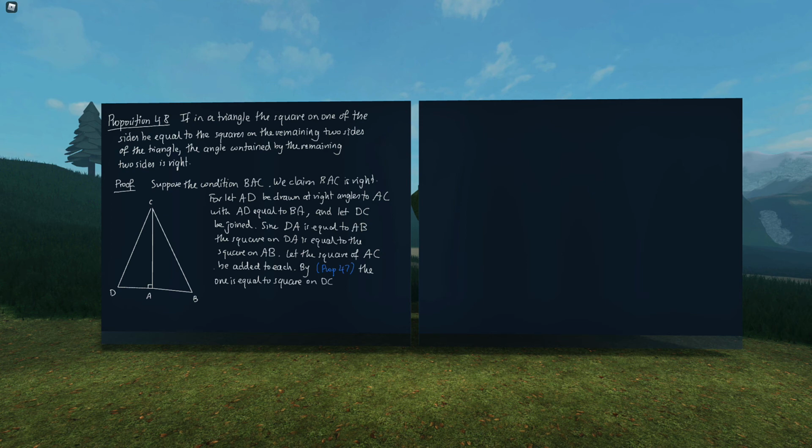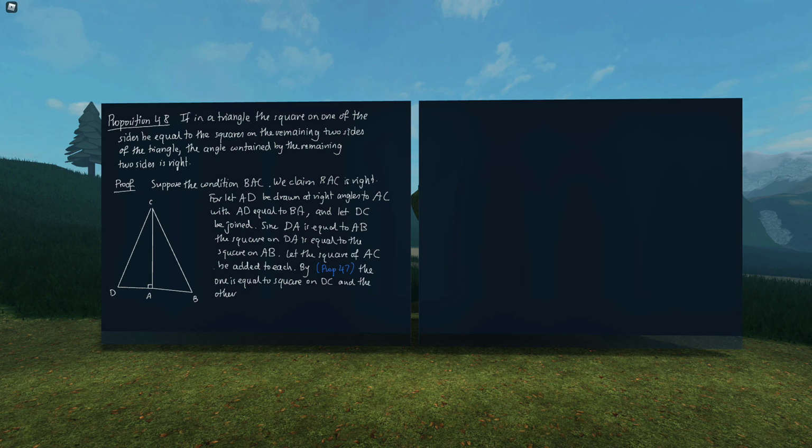So I've added the square of AC to the square on DA, I get the square on DC. And the other, right. Okay, the hypothesis is that the square on the side BC is equal to the square on the side AC plus the square on the side AB.